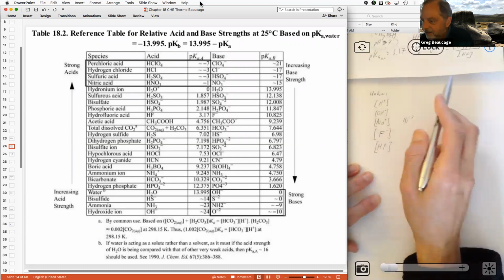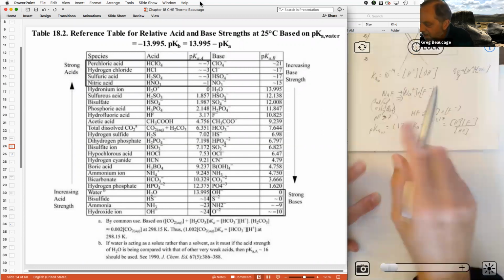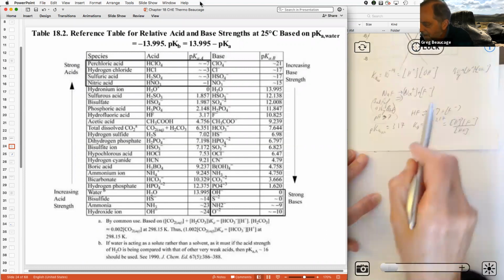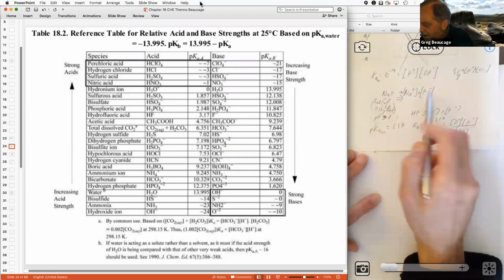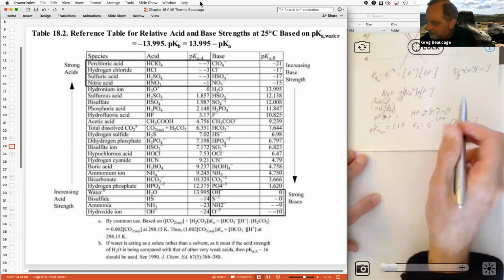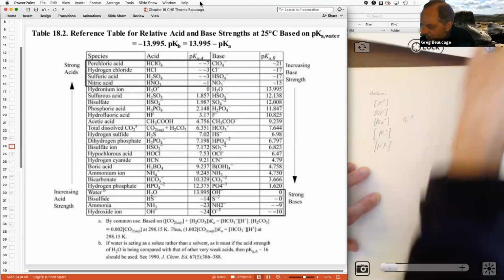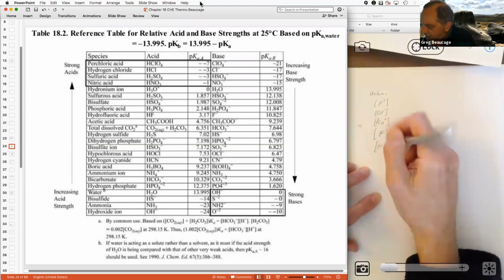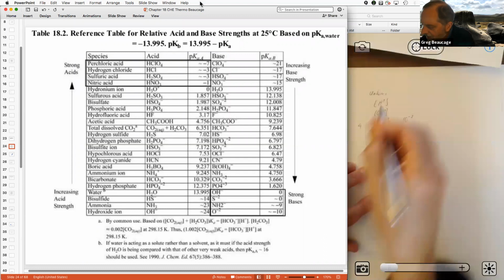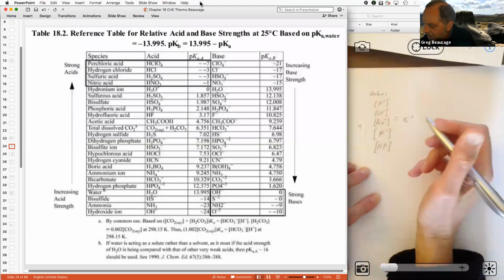You have HF goes to H plus and F minus, and then you have NaF goes to Na plus and F minus. Then you have water goes to OH minus and H plus. You have 5 things, of which 4 you don't know. Sodium, you know, is 10 to the minus 3. The rest of them you don't know.